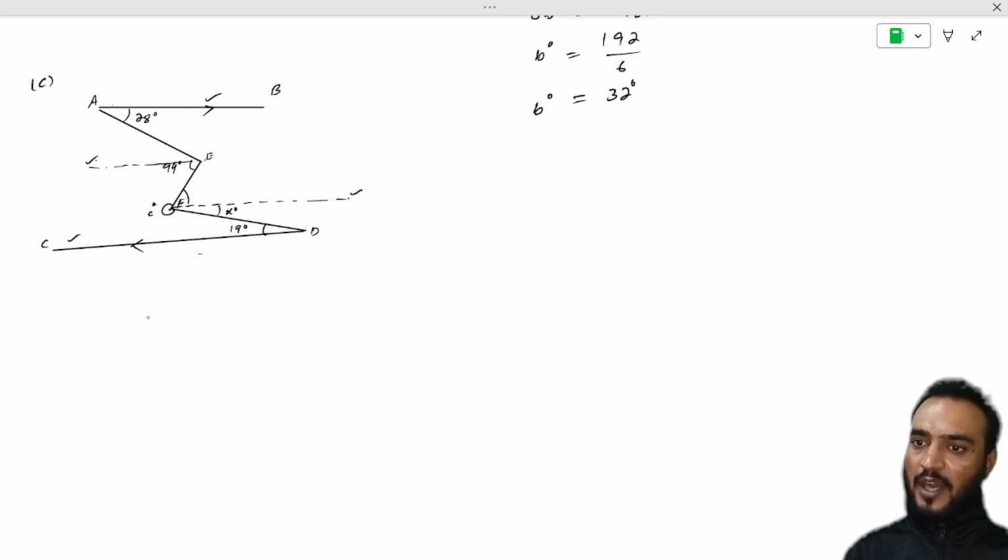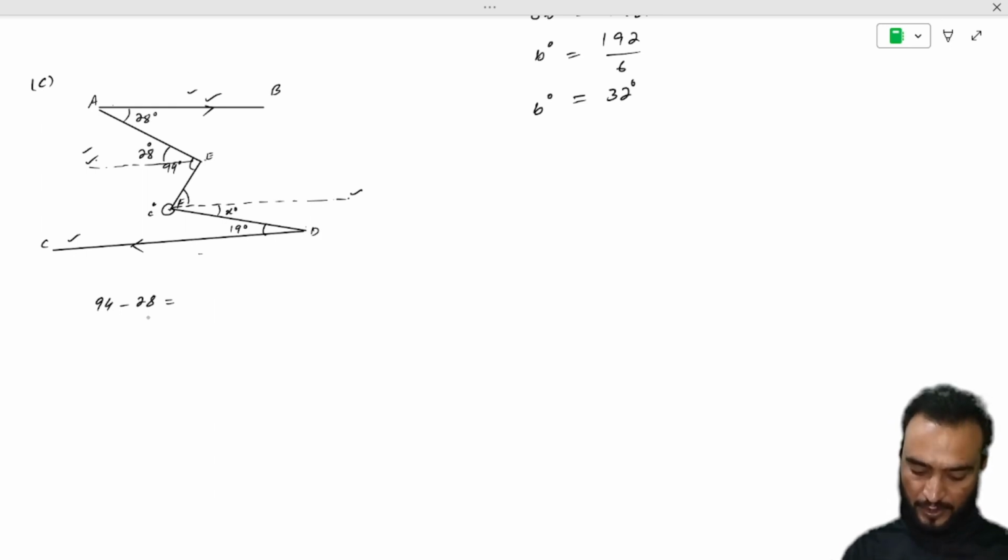So if these two lines are parallel, this one and this one, then this angle is equal to 28 degree, because this is an alternate angle, and because the angle at point E is of 94 degrees, if we subtract 28 from 94, we will get the other angle in the downward direction, that is 94 minus 28 equals 66 degree.